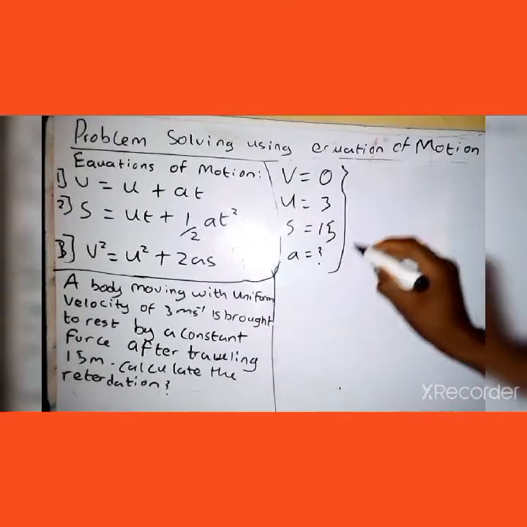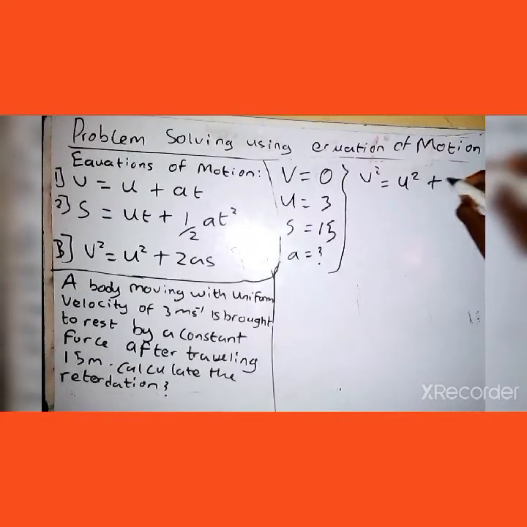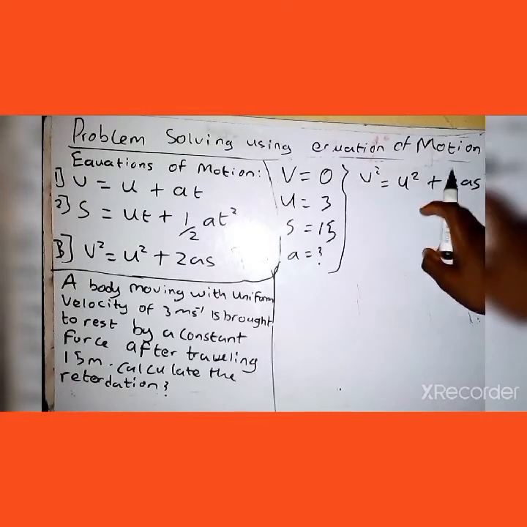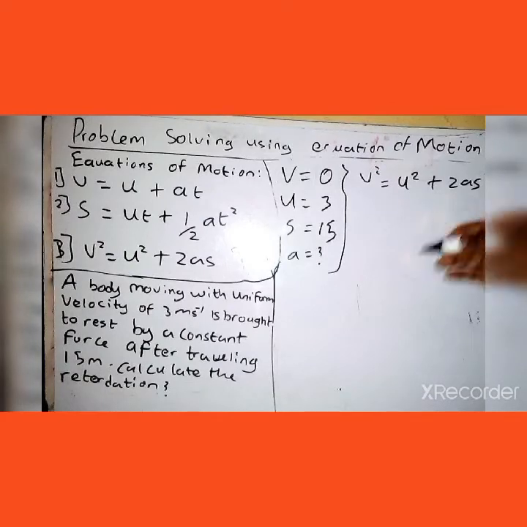So now from this, you know the formula. V square equals u square plus 2as. From this, you can make a the subject of the formula and get your answer, or you can do it the other way, by inserting the values and getting there. So let's make a the subject of formula.